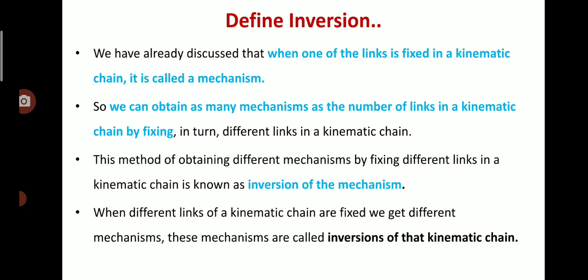We can obtain as many mechanisms as the number of links in a kinematic chain by fixing different links. This method of obtaining different mechanisms by fixing different links in a kinematic chain is known as inversion of the mechanism. When the different links of the kinematic chain are fixed, we get a different mechanism. These mechanisms are called inversions of the kinematic chain.